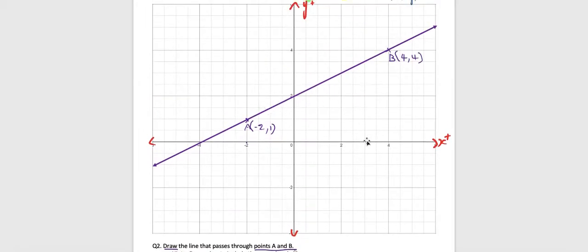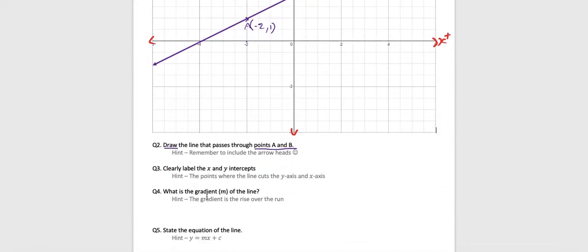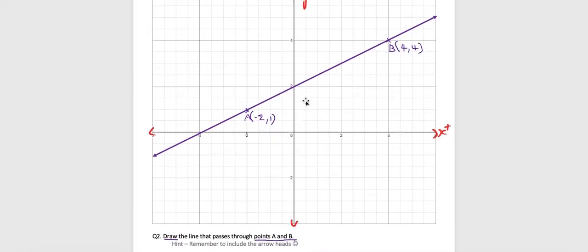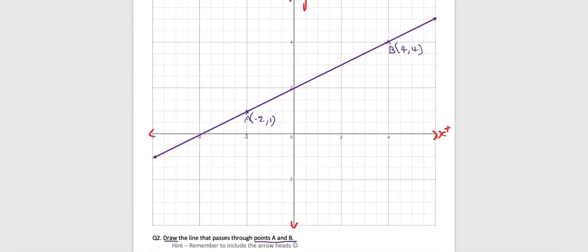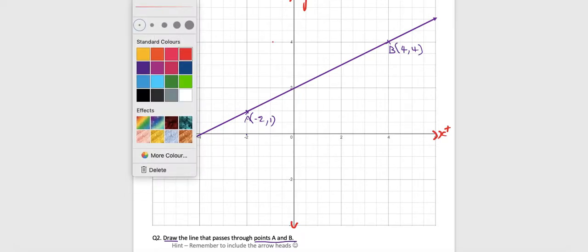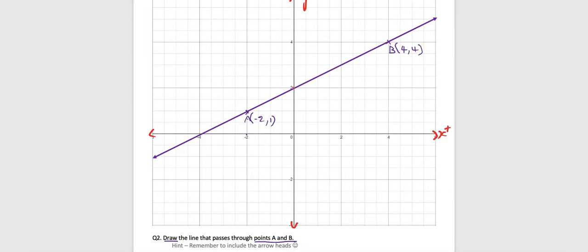So question 2, draw the line that passes through both points A and B. That has been done. Now clearly label the x and the y intercepts. So recall back, what did we say the y-intercept was? Well, a little hint here is the points where the line cuts the y-axis and the x-axis. So our y-intercept, if we look at where we cut the y-axis is here, and that is (0, 2).